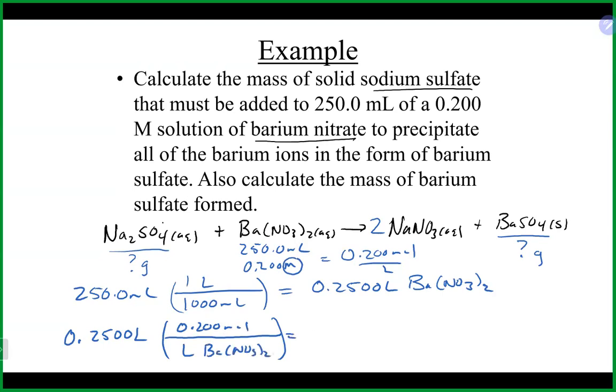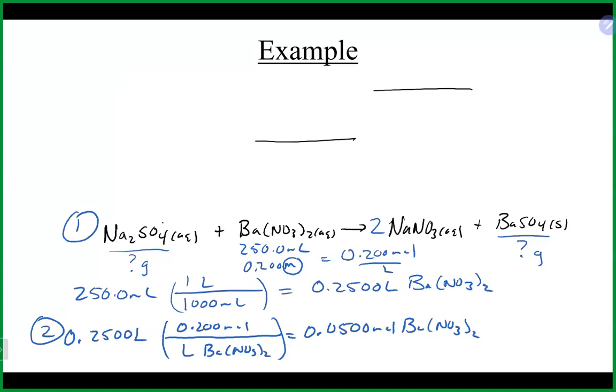And that will get me 0.25 times 0.2, which gives me 0.05 moles of barium nitrate. So this is step number 1, this is step number 2. Any questions so far?